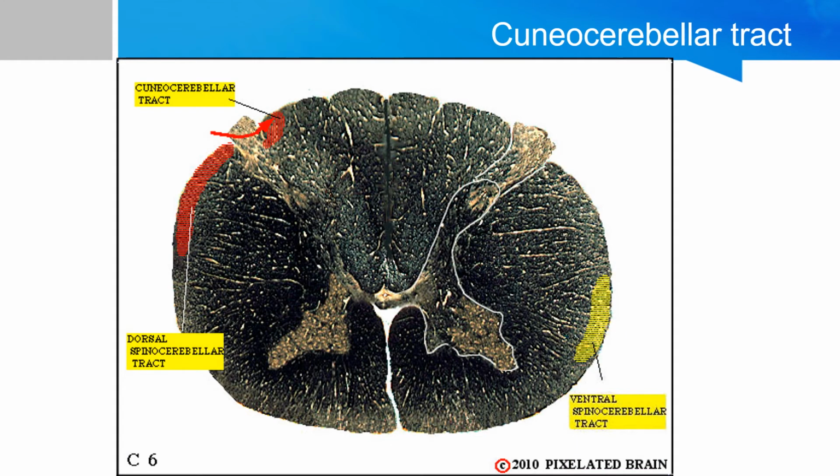Similarly, as we said before, the cuneocerebellar tract is the upper extremity equivalent of the dorsal spinocerebellar tract. The proprioceptive information of the upper extremity enters the dorsal root ganglia to the dorsal horn and travels to the fasciculus cuneatus in the dorsal column instead of the lateral funiculus over here.